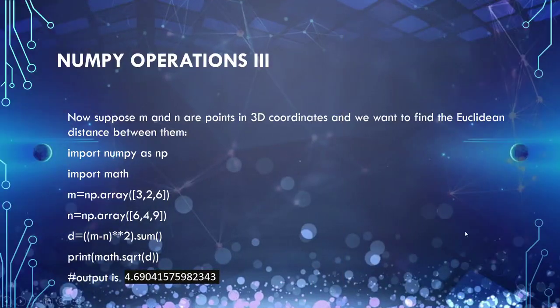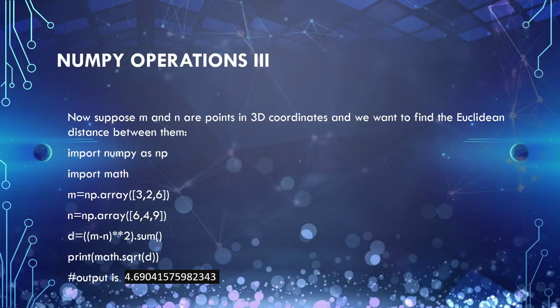Now let us suppose we need to find the Euclidean distance between 2 points. We can do that using NumPy arrays very conveniently. Let us suppose m and n are 2 points in 3D coordinates, with m being 3, 2, 6 and n being 6, 4, 9. Let's say n is x1, y1, z1, and m has coordinates x2, y2, z2. We know that the distance formula from high school is the square root of (x1 minus x2) whole square plus (y1 minus y2) whole square plus (z1 minus z2) whole square.